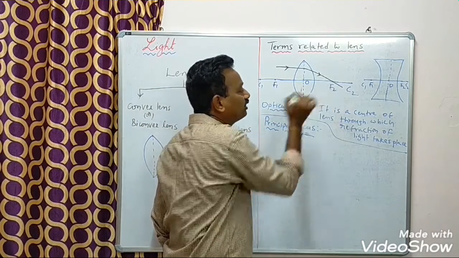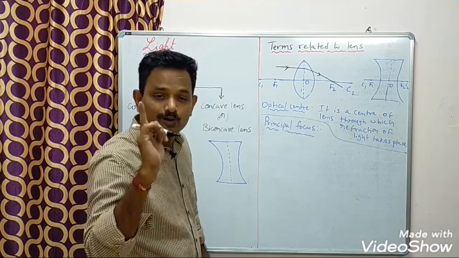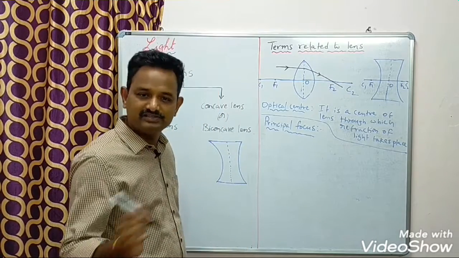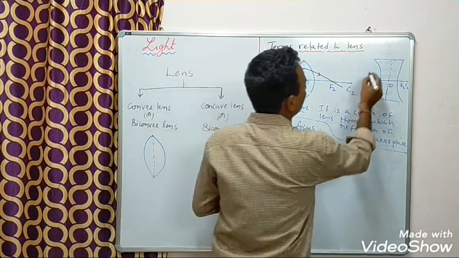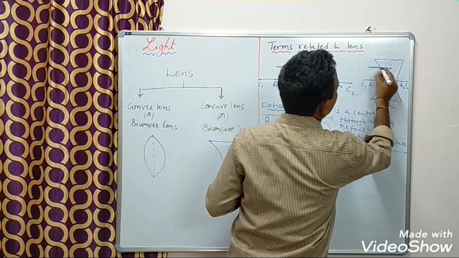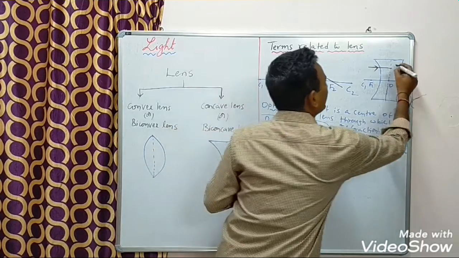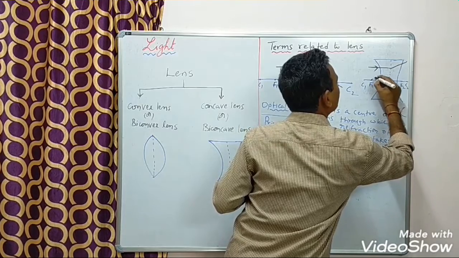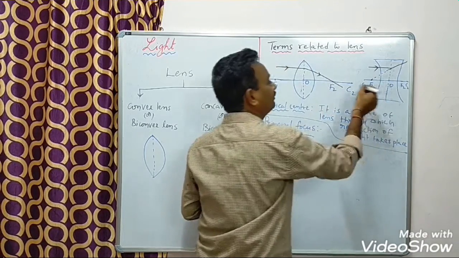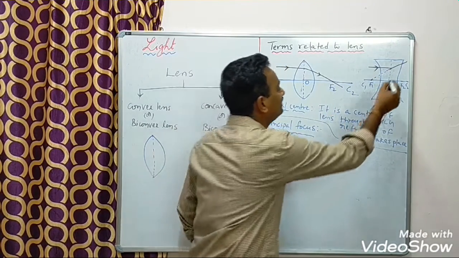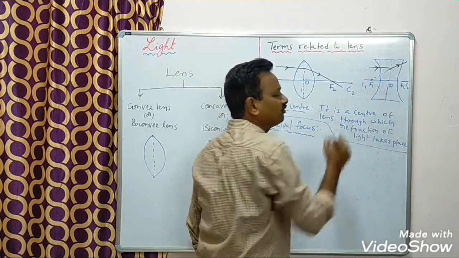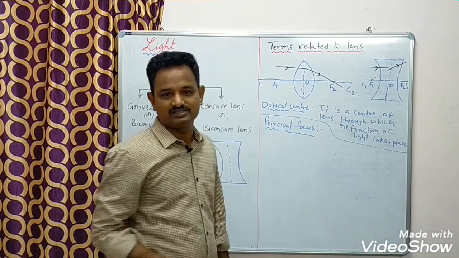That point is called principal focus of convex lens. In the same way, a light ray is passing parallel to the principal axis of a concave lens. After refraction, it appears to come from one point on principal axis. That point is called principal focus of concave lens.